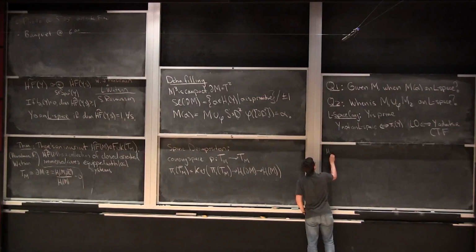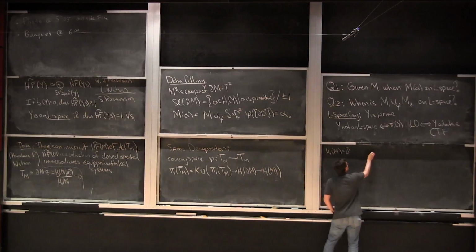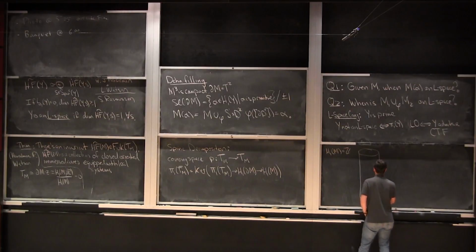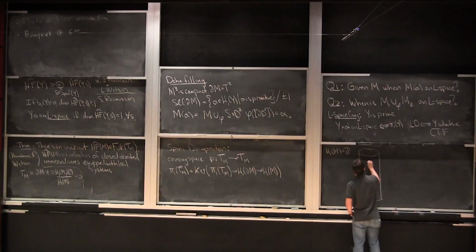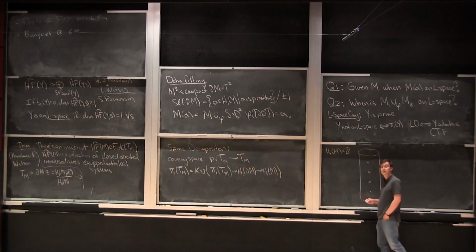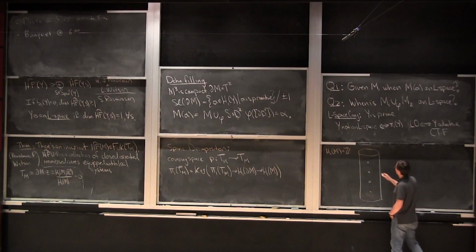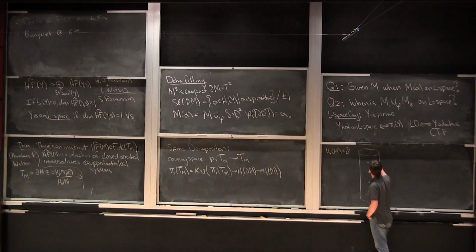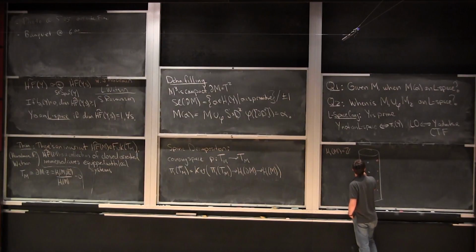For example, M is S^1 times D^2. It's like a sort of infinite cylinder with a bunch of punctures on it going down like this. And in general, it might not be just one puncture here. For a general 3-manifold, I might have, for example, different sets of punctures at the same height. That might happen.